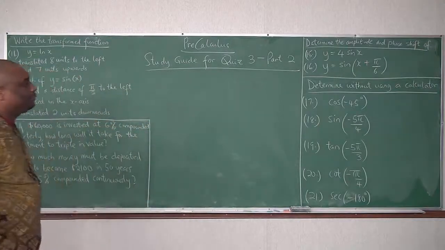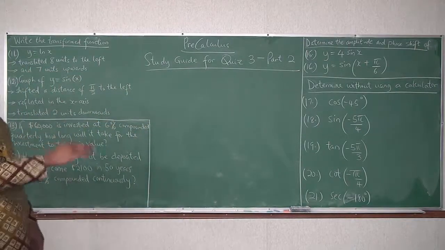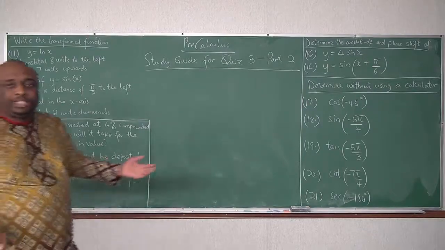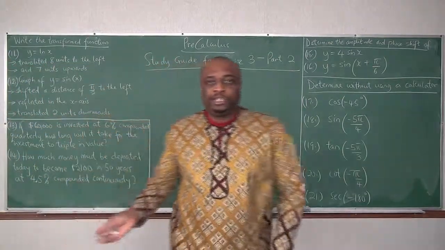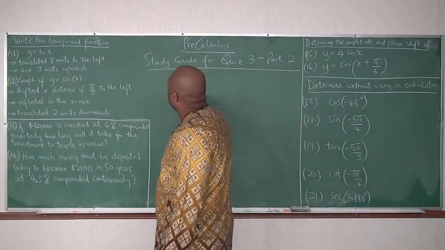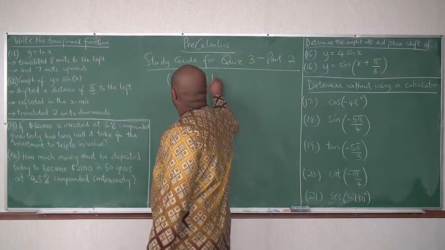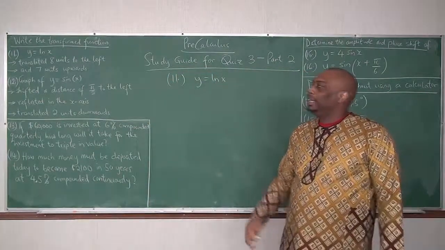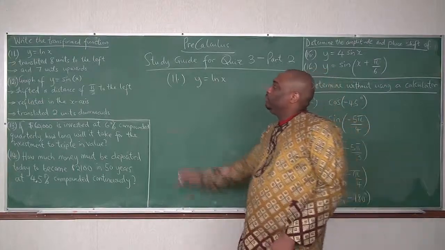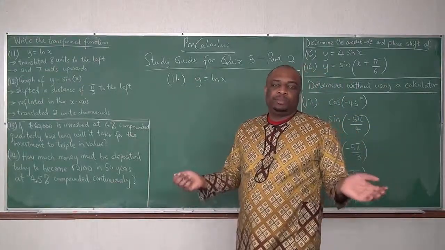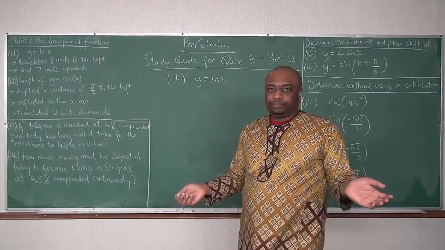Let's begin from question 11. We stopped at question 10. Now this is still the transformation of functions. If you have y equal to ln x, of course this is the parent function. If you translate it 8 units to the left, that is a horizontal translation.